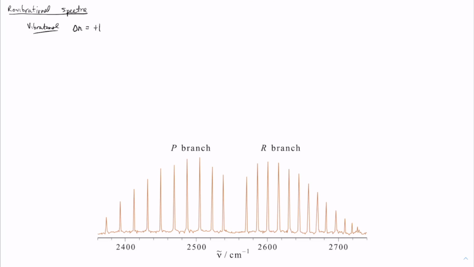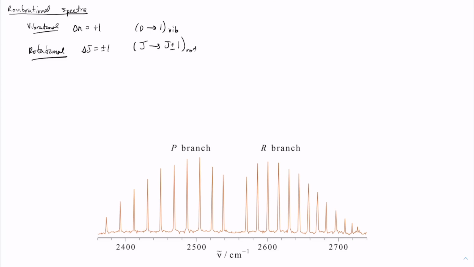And so the only types of transitions that you can see are those that go from 0 to 1 for the vibrational states. Whereas for the rotational states, delta j equal to plus or minus 1 means that we can see two types of transitions: j going to j plus 1, or j going to j minus 1.